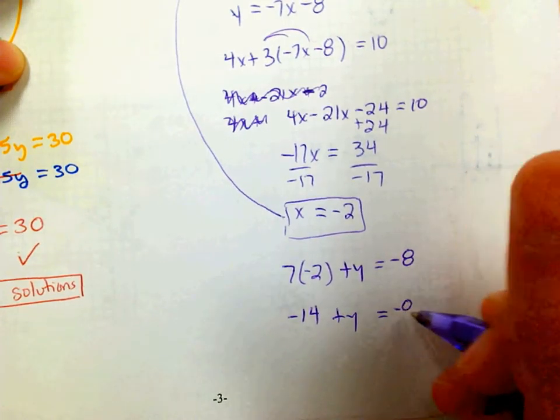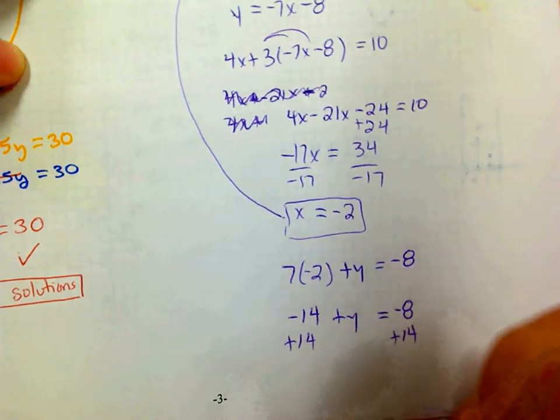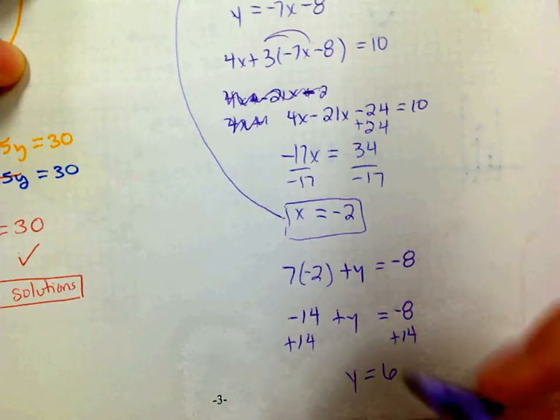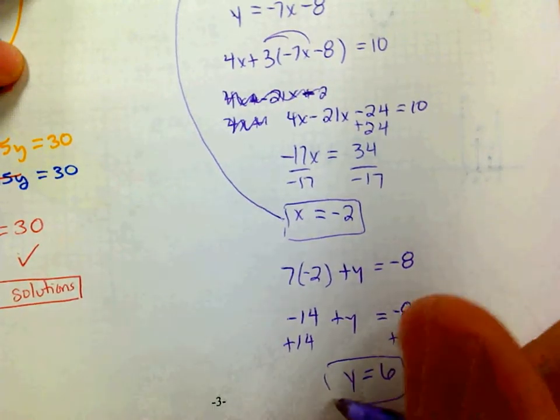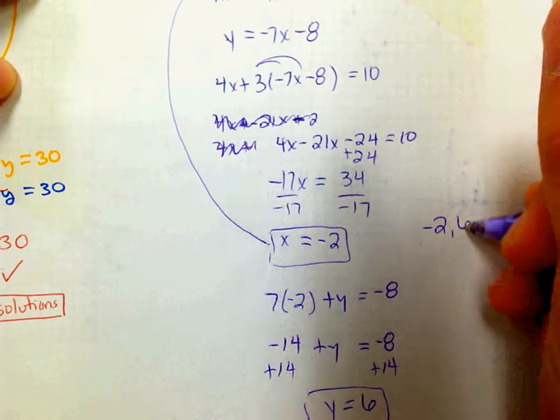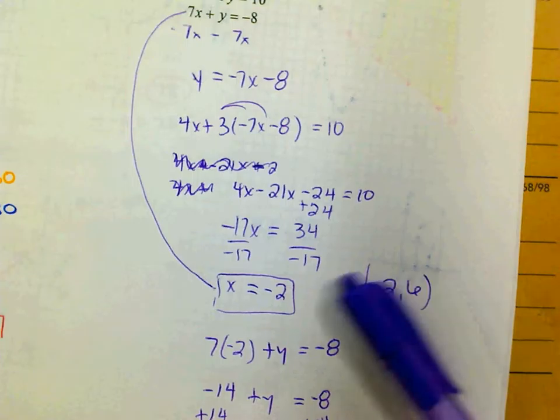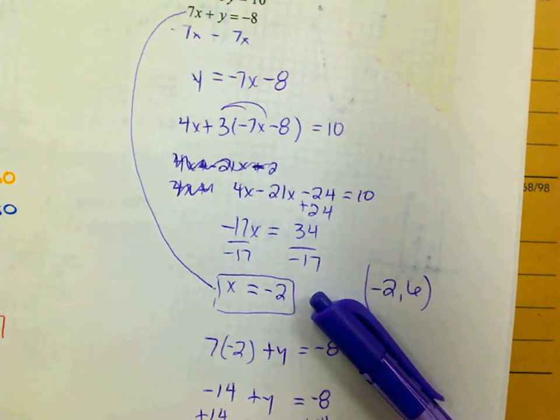Add 14. From y equals 6. Okay, so if x equals negative 2 and y equals 6, the corresponding answer is negative 2, 6. Okay, perfect.